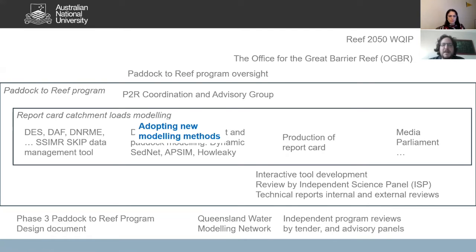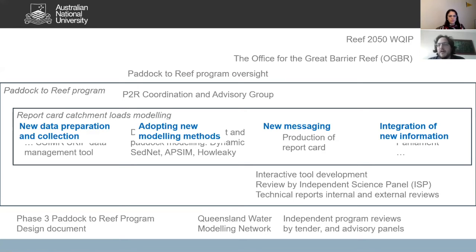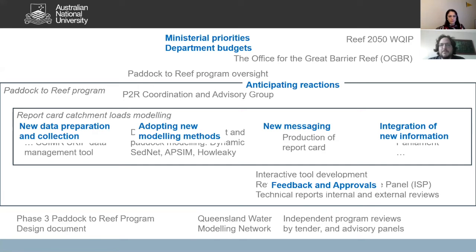So when we think about this simple task of adopting a new modeling method, whether it's quantifying uncertainty in water quality or it's adopting DMDU methods, we're going to need to ripple through this system and look at what new data preparation and collection is required, what new messaging will be required, how is that going to be integrated into current views. We have to anticipate the reaction of those advisory groups, seek the necessary feedbacks and approvals.